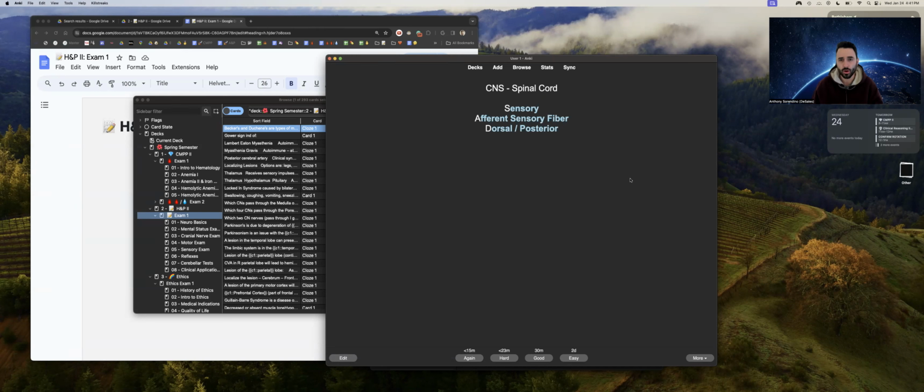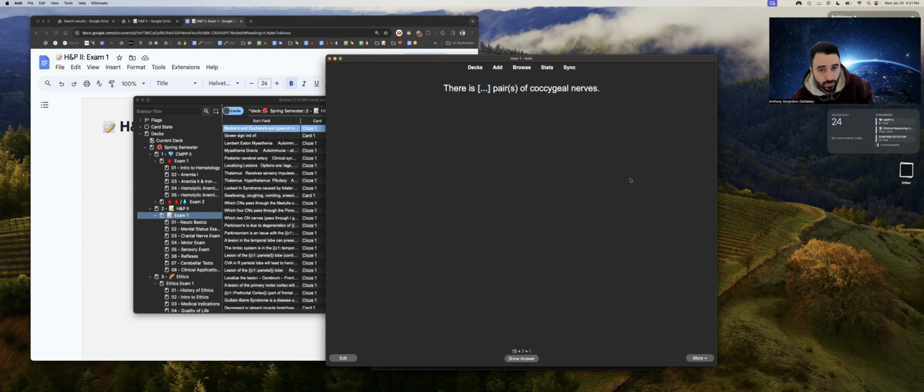So sensory are the afferent sensory fibers, and this is from the dorsal posterior. Okay. Spinal nerve C1 to C7 pass over blank of the corresponding vertebrae. Over top of, yes. There is or are blank pairs of coccygeal nerves. Aren't there 5? There's just one.